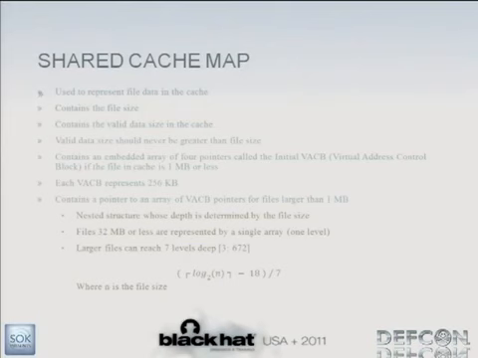Also, it contains an array of pointers to VACBs. So VACBs are virtual address control blocks. These are the structures that define where the data is in virtual memory in the cache.